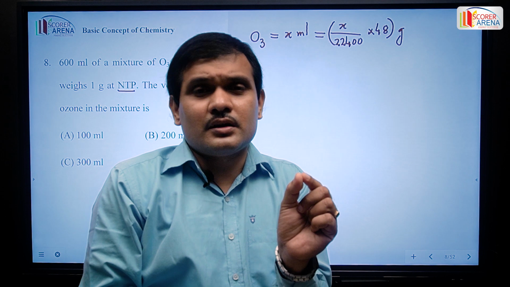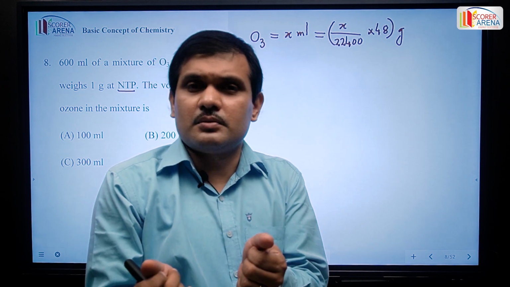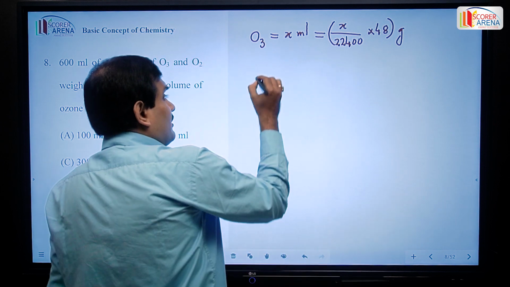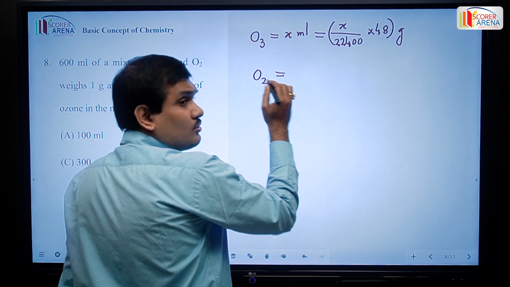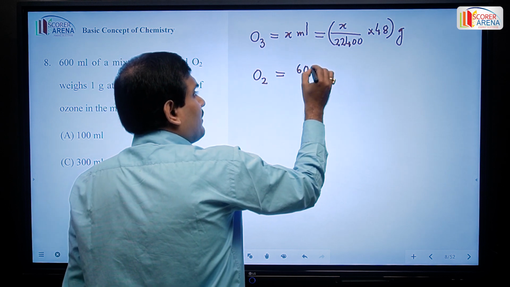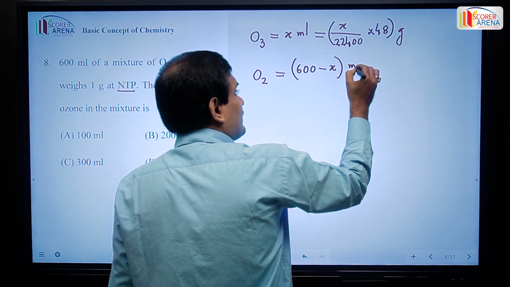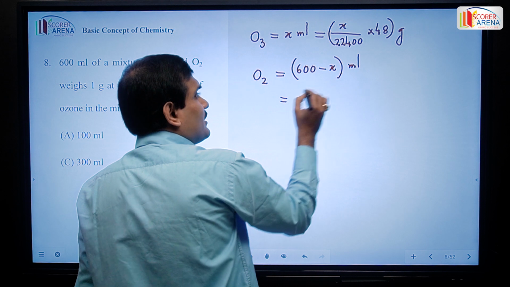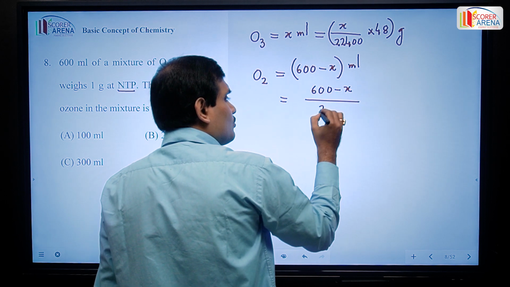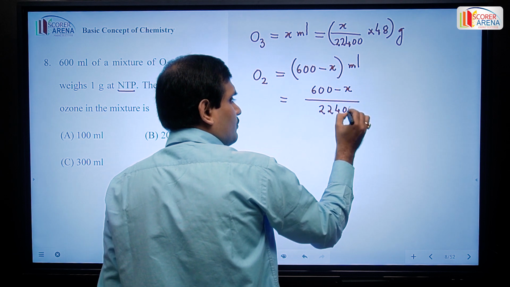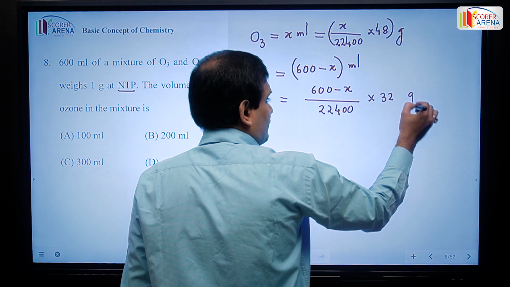So 1 milliliter means 48 by 22400. So x milliliter means this. Similarly, O2 will be 600 minus x milliliter. So that will also have the mass 600 minus x by 22400 into 32 grams.